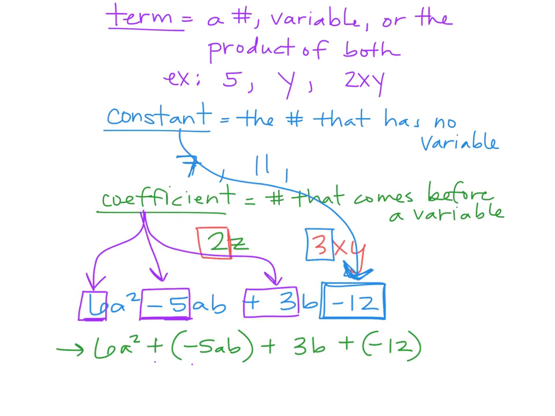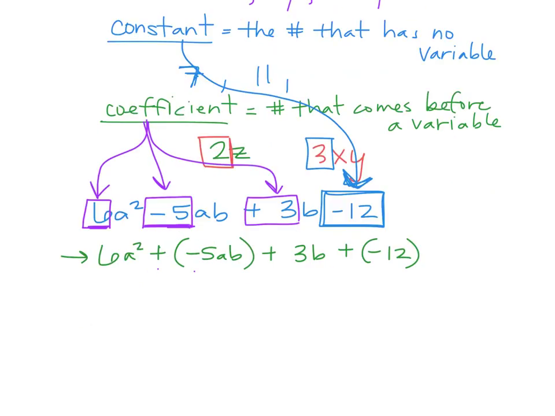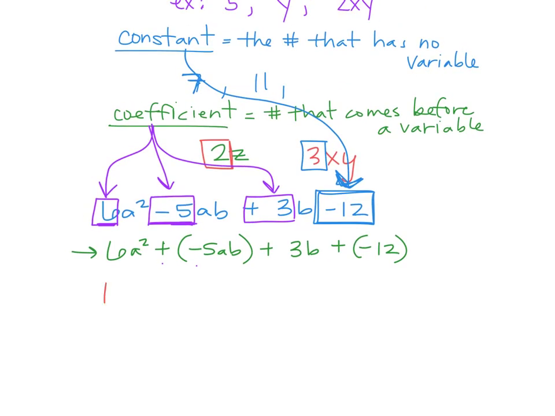Now let's talk terms. How many terms do you see here? I'm just going to rewrite it because I have scribbles all over the place. I don't want to throw you off. So 6a squared minus 5ab plus 3b minus 12. How many terms are there?